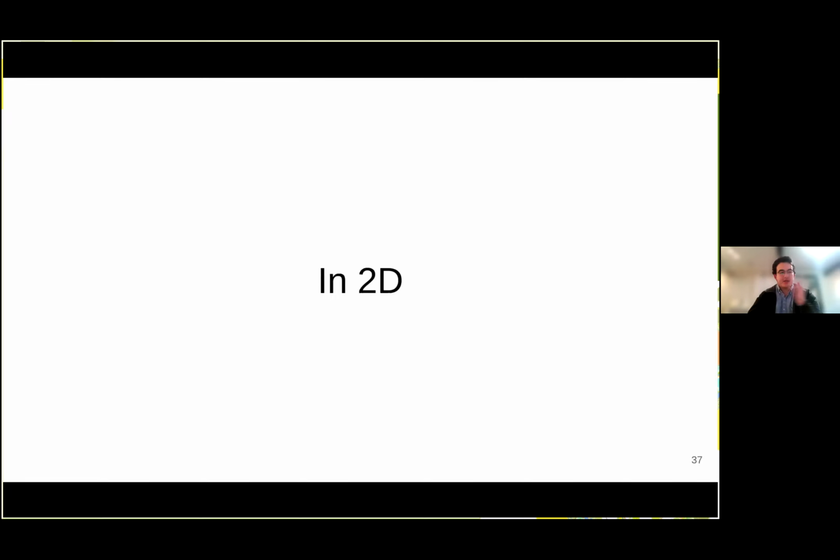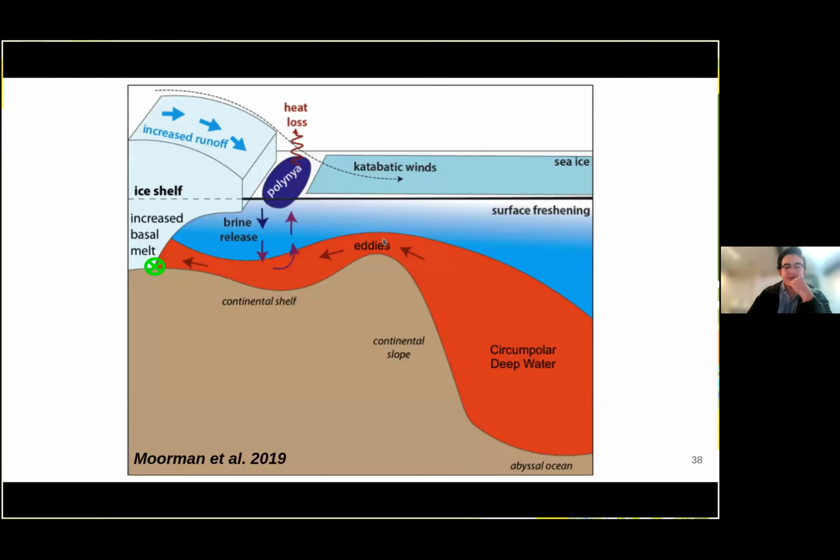So in 2D, the HUB is pretty easy to figure out, and it's what we'd expect. If we want to find the HUB for this green point, we're going to say, okay, is this point connected to the open ocean, the right side of the page, on an isosurface of depth? It's not. So we're going to scan upwards. We'll move that green line a little higher.